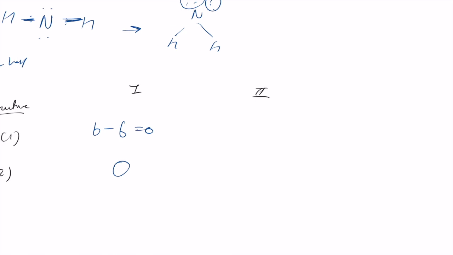Now, if we look at the second resonance structure of carbon dioxide, the first oxygen should have 6, but it has 2 lone electrons and 1 electron for each covalent bond, so it has 5 electrons, and that gives us plus 1.